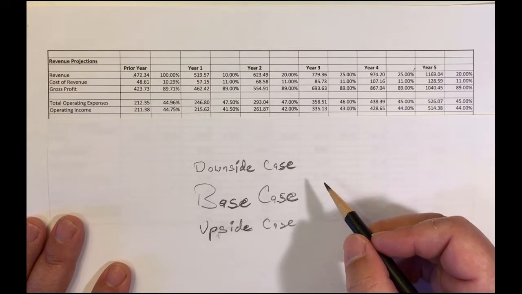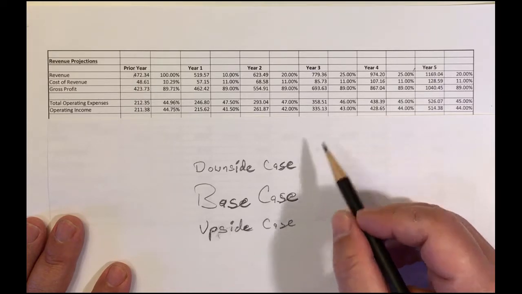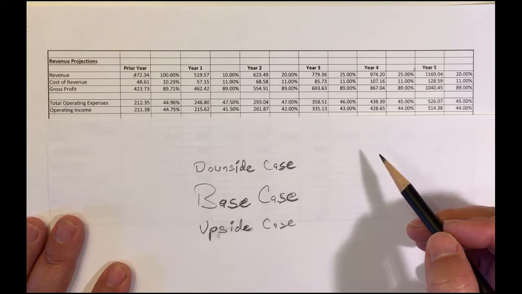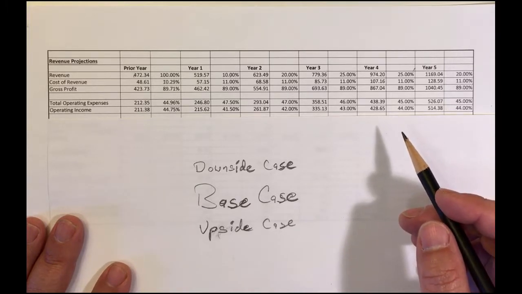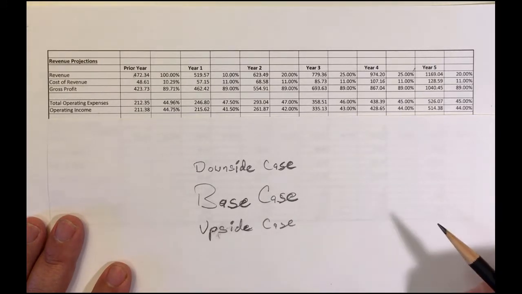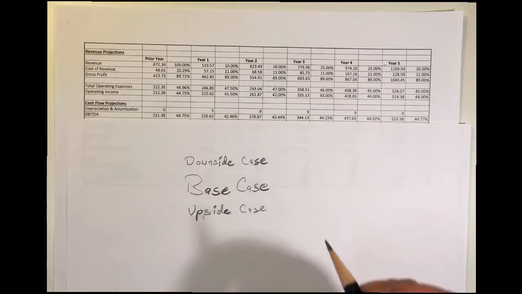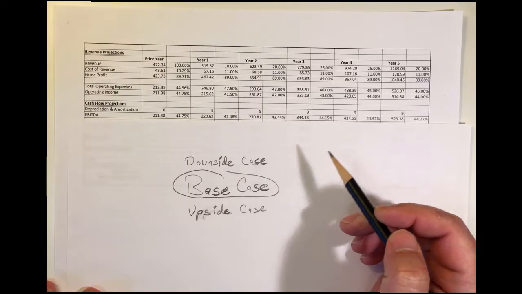Or another way to think about it is, they'll do stress test cases where they ask themselves, how poorly does this top line have to actually turn out to be before it becomes a problem to pay back the debt, right? And people will look at those downside cases to see whether or not the risk of default, and we'll talk about what that means later, is significant. But let's just focus for the moment on our base case and see what's going on.